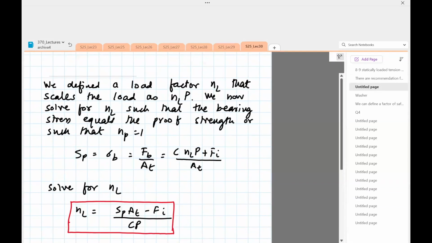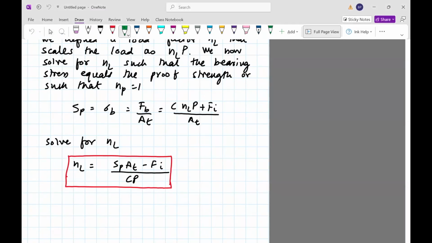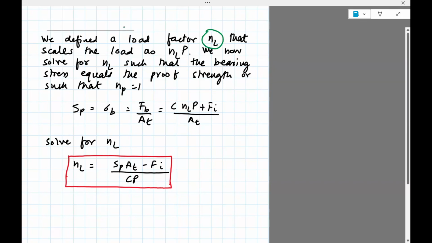Okay, now we are going to define a few things before we get to a problem. We'll define a load factor. This load factor scales the load like NL times P. The load factor is defined such that the bearing stress sigma B equals the proof strength SP, or such that NP is 1.